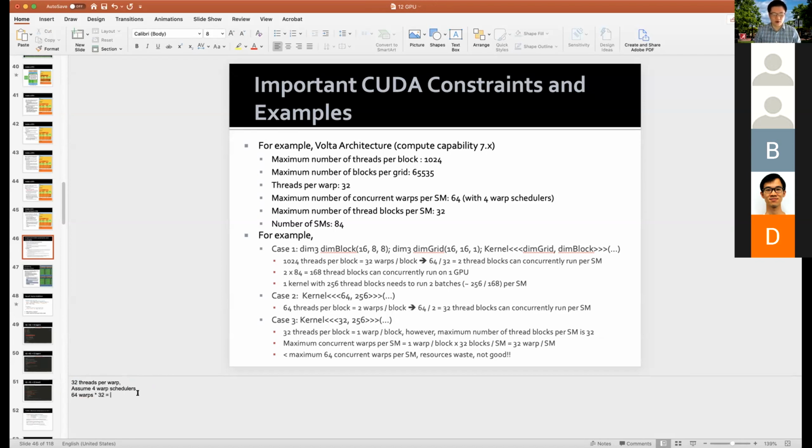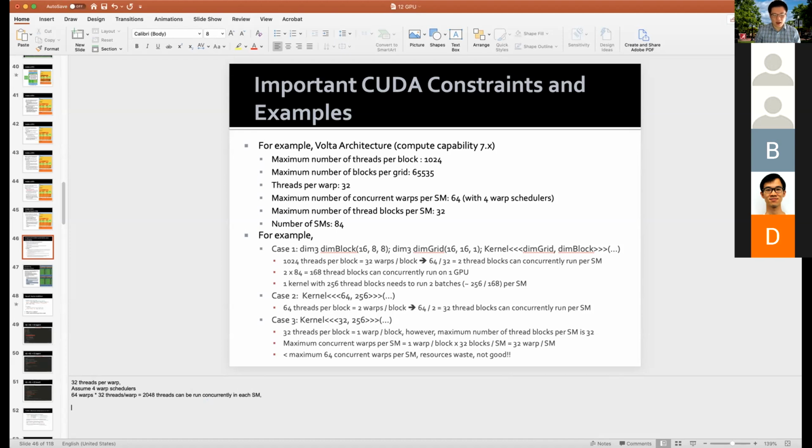It's 64 times 32, with 32 threads per warp. That totals 2048 threads that can be run concurrently in each streaming multiprocessor, right?